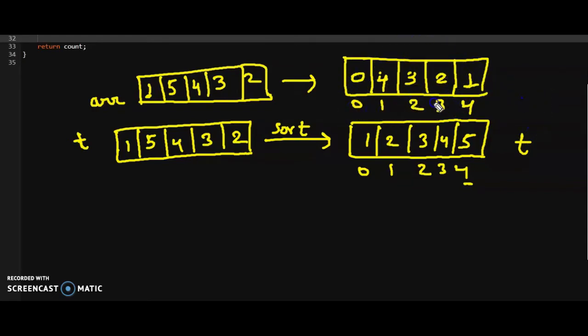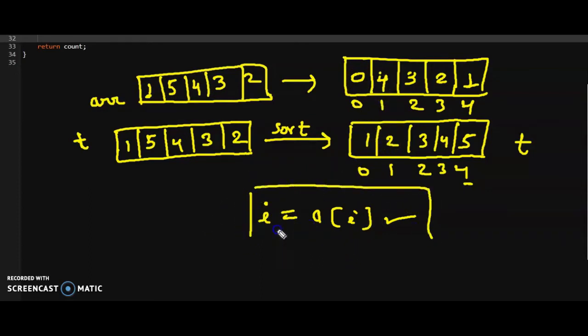Now what I will do, if the index value, that is I, is equal to a of I, then it is okay. It means the element at this position, that is 1, is in the right position. As you can see, 1 is in the perfect position because I is equal to a of I. So now we have to do this for all the other elements of the array, right?